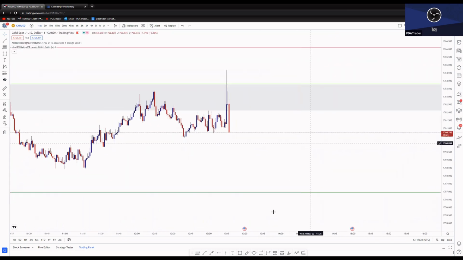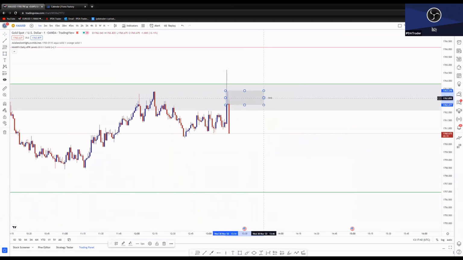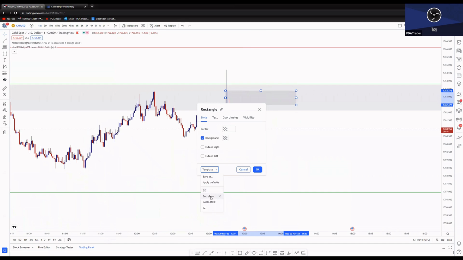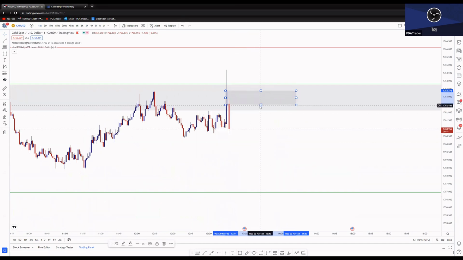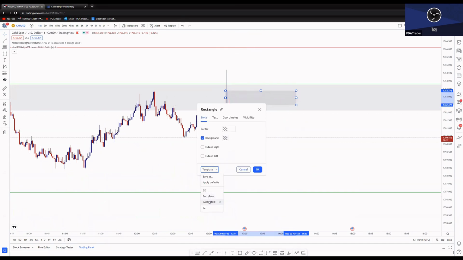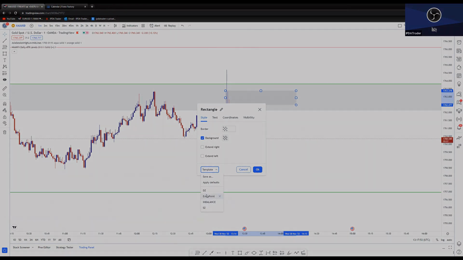So what I'm doing now is I'm looking for an entry over here at this level because my conditions are fulfilled. Once again, I'm not the best trader in the world if this works. I'm not the worst trader in the world if this fails. This is another trade.